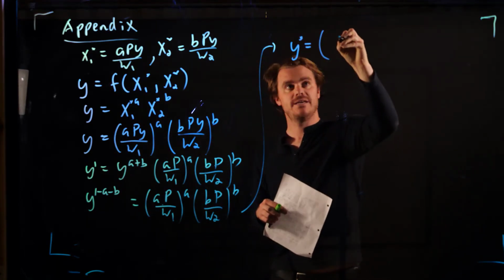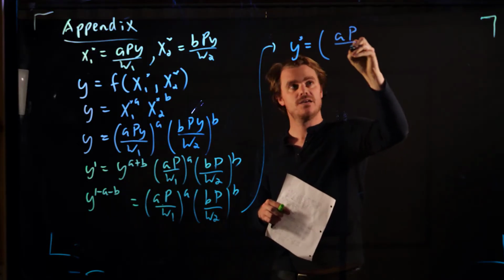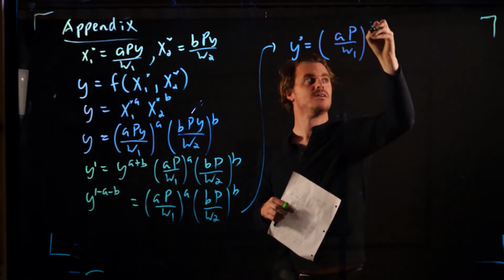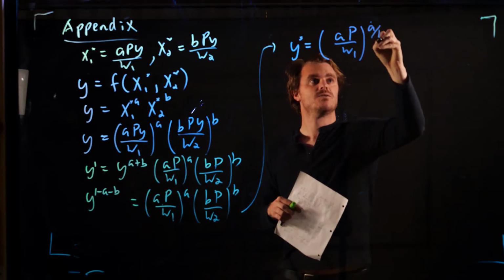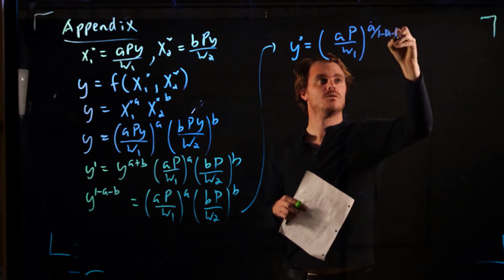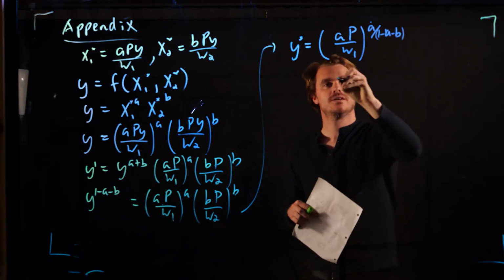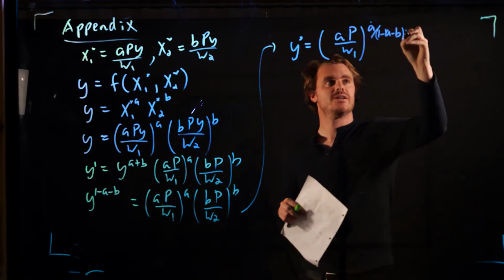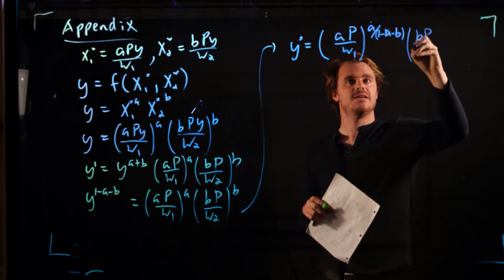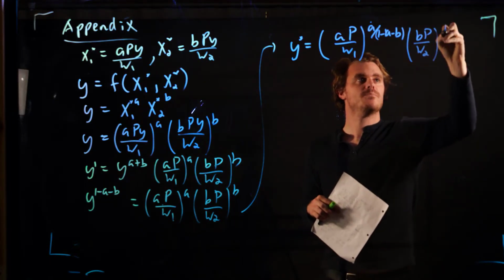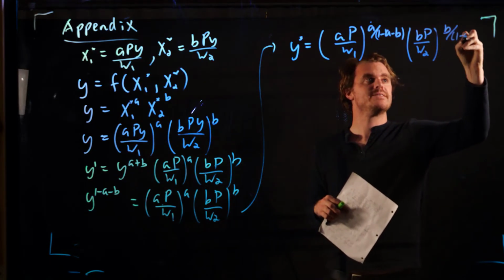But now it's going to be A times P over W1. Hopefully this is on the screen. So this is in brackets. And it's going to be, let's put the other one in here, B times P over W2, all to the 1 over 1 minus A minus B.